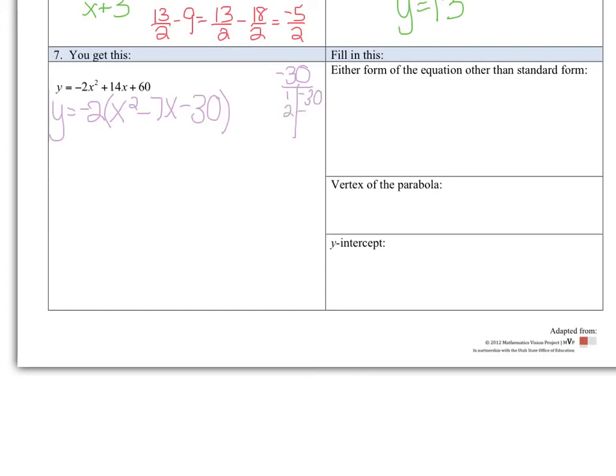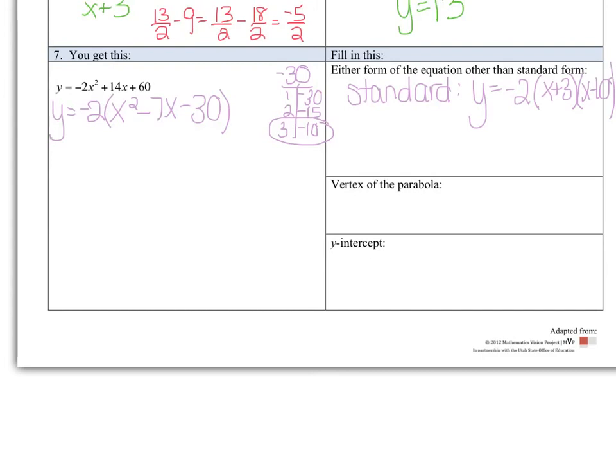I have 2 and negative 15. I have 3 and negative 10. And I can see that 3 and negative 10 will add up to negative 7. So my factored form is going to be y equals negative 2 times x plus 3 times x minus 10.